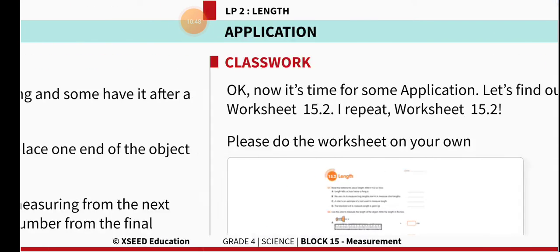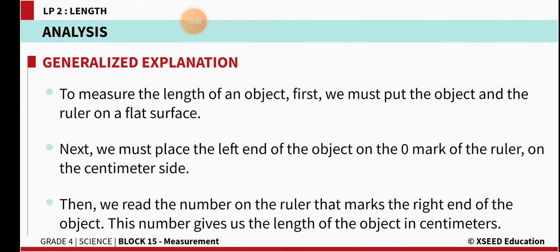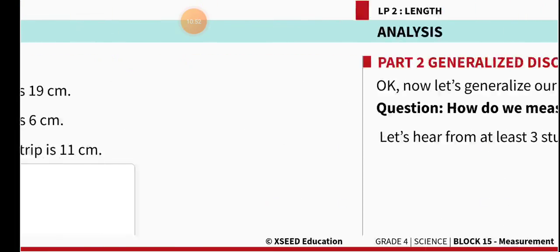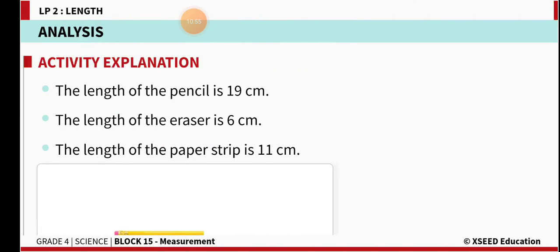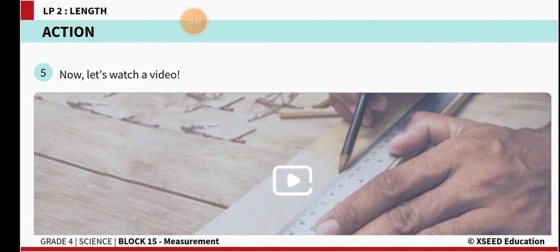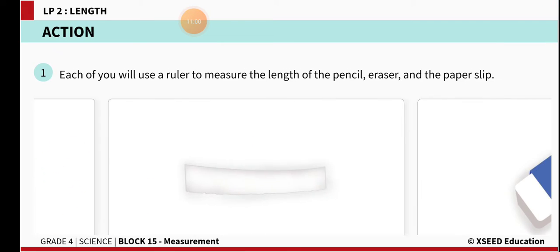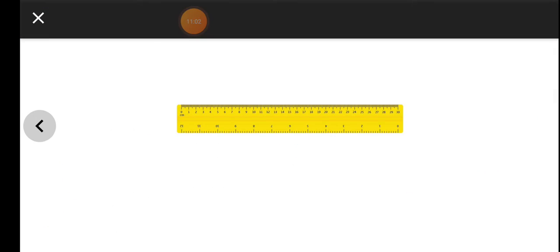I'll show you the ruler so that you will understand. Here you can see one side 0 to 30, marked in centimeters, and the other side 0 to 12, which are inches.